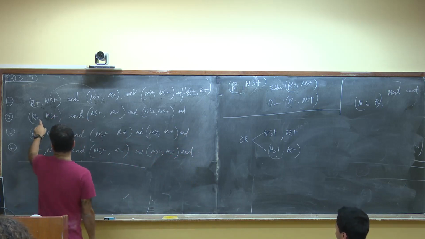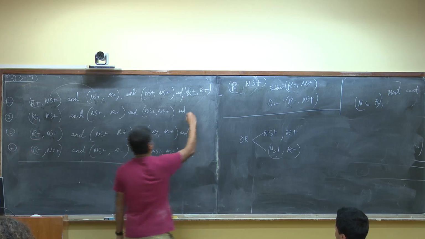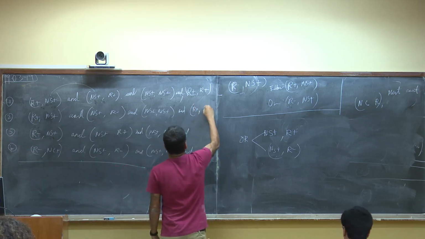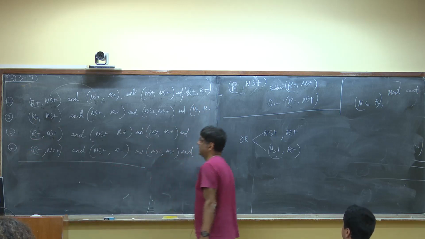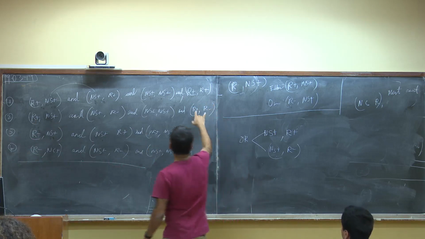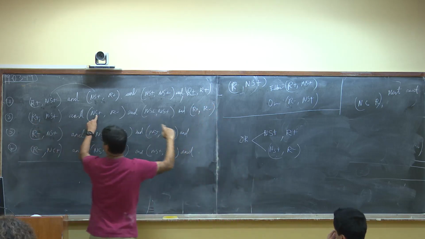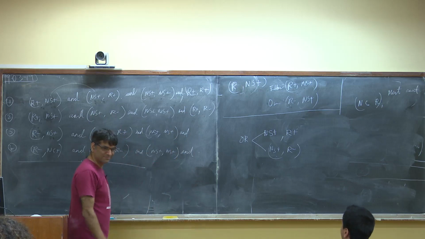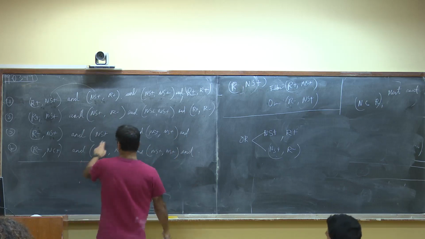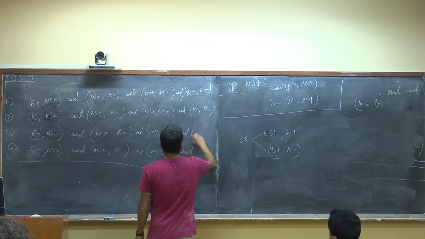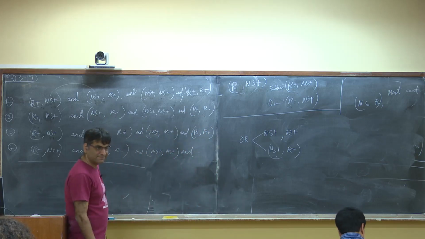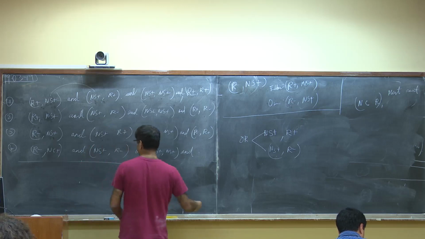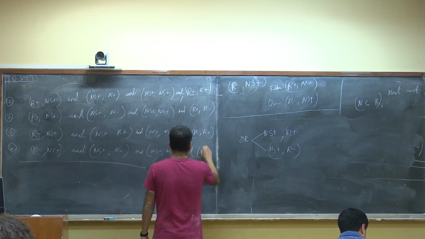So here we get an R+, R-. And you can easily check that this also closes; this guy with this guy, for instance, gives NS+, R-. Here we will get an R-, R+ and R+, R-. And here we will get an R-, R-.